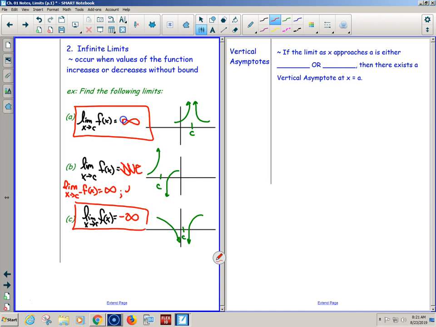What would we say if we came from the other direction, the limit as x approaches c from the right, c with a superscript of positive, f of x? Where is the function headed? Negative. So why does the limit not exist? Because the two sides do not agree. So the limit does not exist.